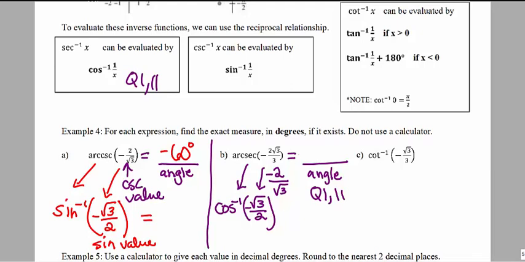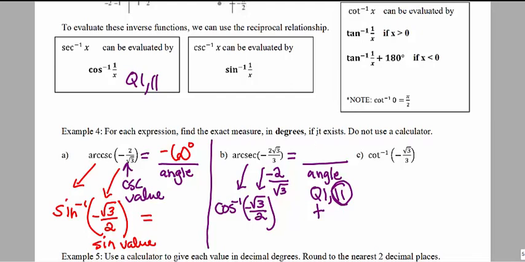But we are supposed to find a value in quadrants 1 or quadrants 2. In quadrant 1, the values are positive. So we're looking for an angle that has a cosine value that is negative square root of 3 over 2. So we are going to be looking in quadrant 2. And that's our 30-degree family.